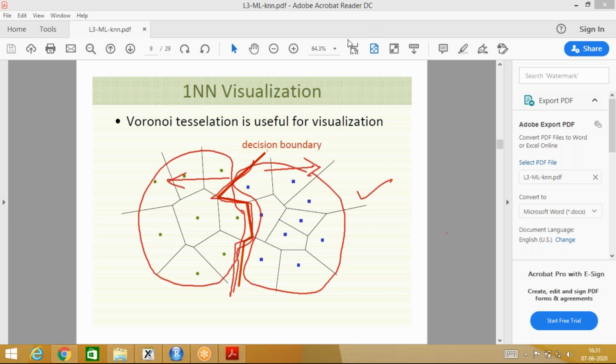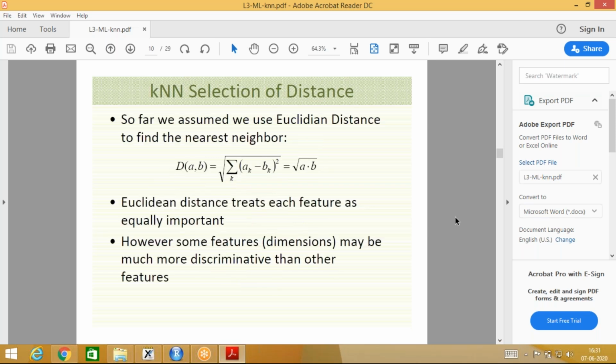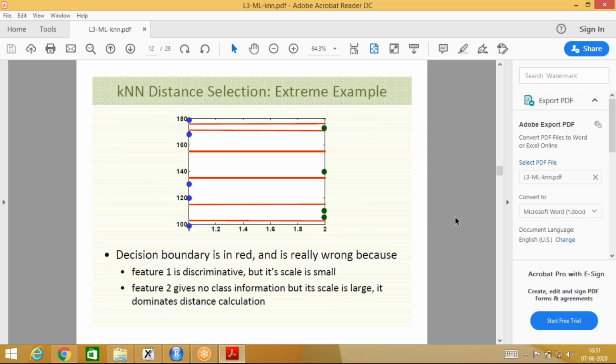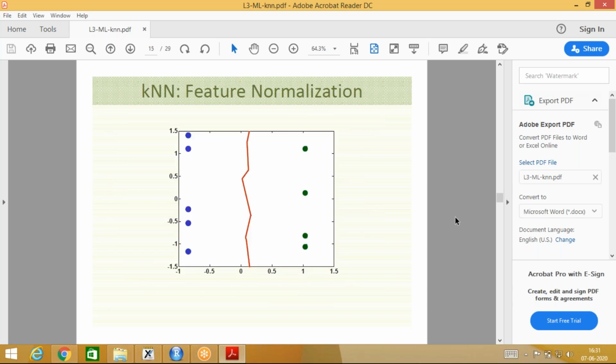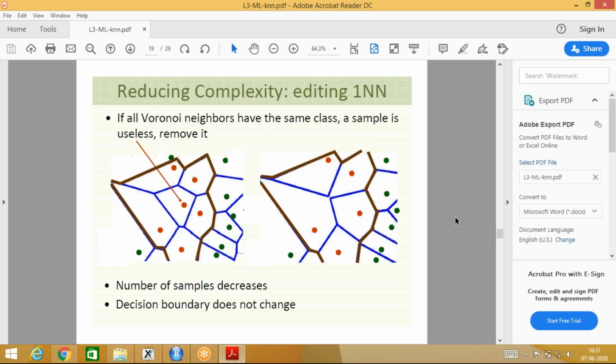What we do here in this context is this one. We try to find out, within this decision boundary, let's say this one observation, where the arrow is made.